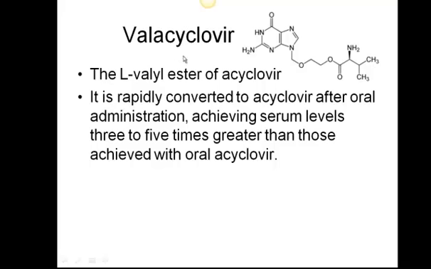So this valacyclovir is an extended unit that contains a valine amino acid that gets extended onto the acyclic component, and this guy gets activated like 5 times faster than the acyclovir does and can get incorporated that much quicker into nucleotide extension, and so it's a little bit more effective. So it has higher potency than the acyclovir, but they both can reach the same efficacy in their treatment or inhibition of the DNA polymerase. This one just gets there faster.